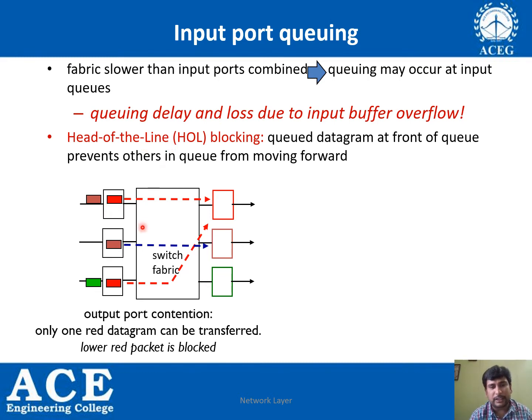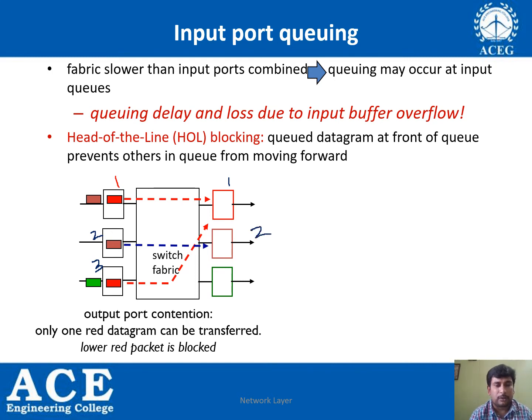Okay, let us look at the first scenario. Here at time t, you find three input ports, each having one datagram to be transmitted. Input port 1 and input port 3 are planning to send to output port 1, and input port 2 is planning to send data to output port 2.